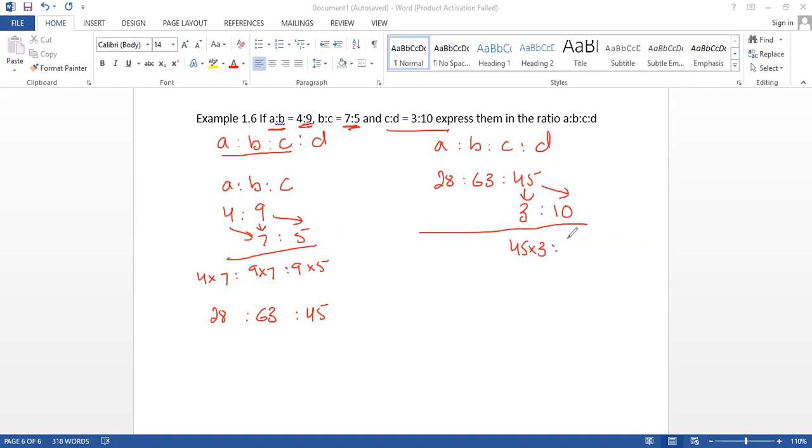Then we have 45 times 10, 63 times 3, and 28 times 3. This will give you 84, 189, 135 is to 450.